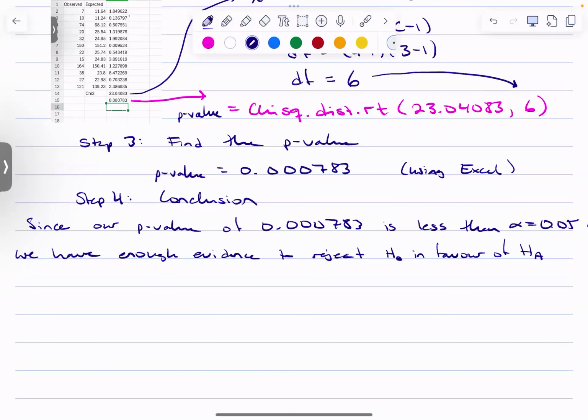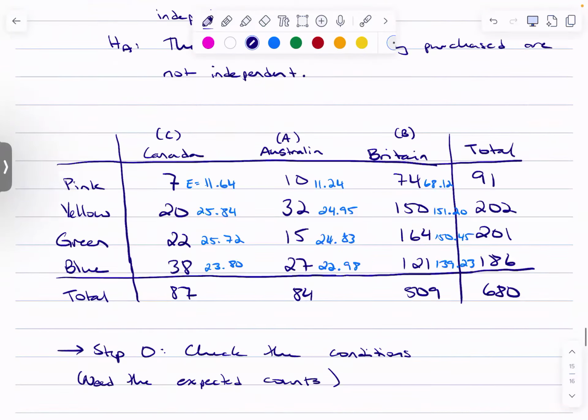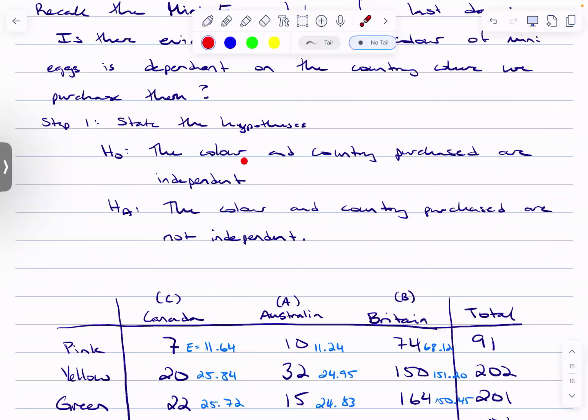So our p-value, which we found just using Excel, is less than 0.05. We have enough evidence to reject H0 in favor of HA. Therefore, if we have enough evidence to reject H0, then we can say that the color and country purchased are not independent of each other, right?